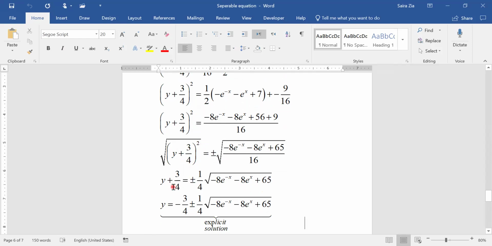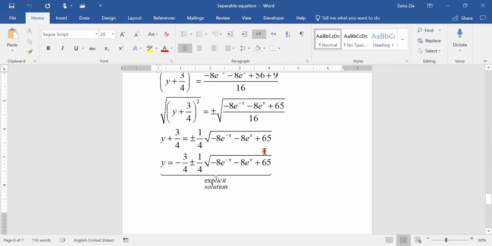So we get y plus 3 over 4, and on this side with the plus and minus sign take the square root of this side also, and then we can take this 16 out of the square root, so it is 1 over 4. We can take this to this side, so it becomes negative 3 over 4, plus minus 1 over 4, and minus 8 e power minus x minus 8 e power x plus 16 square root.